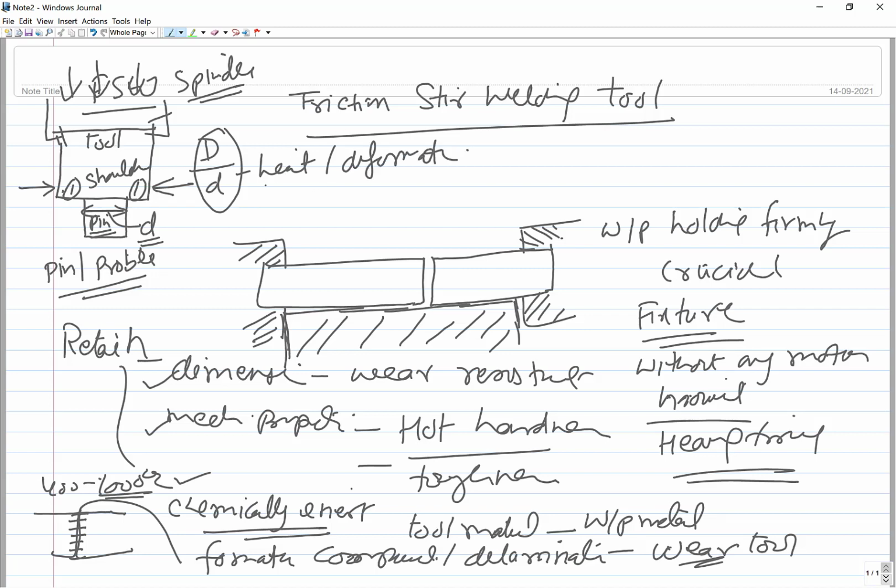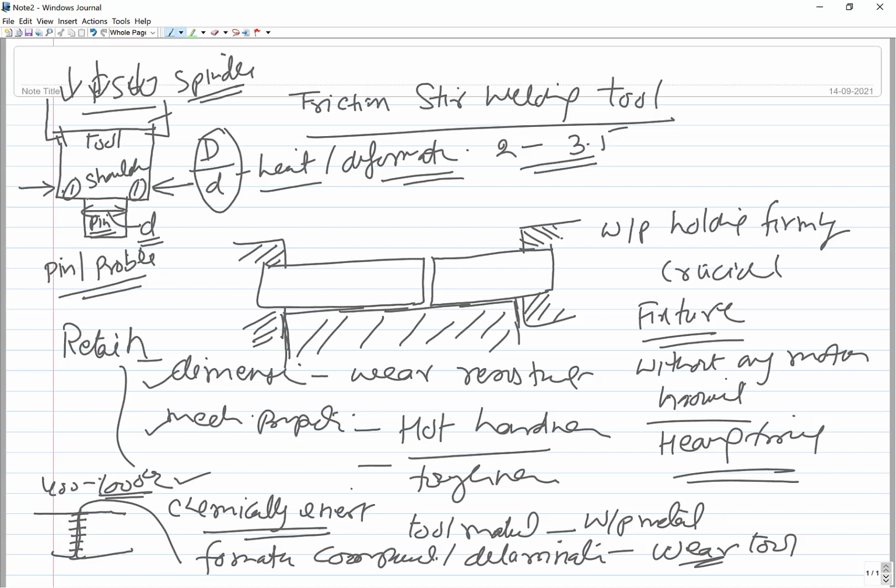So for developing the desired heat as well as the desired deformation, the D by d ratio, that is the shoulder diameter to pin diameter ratio, is maintained. That can vary from 2 to 3.5. Usually this is the range. Maybe the optimized one, depending upon the tool metal and workpiece combination, you can work with 2.5 to 3.5 ratios. So that is one aspect.